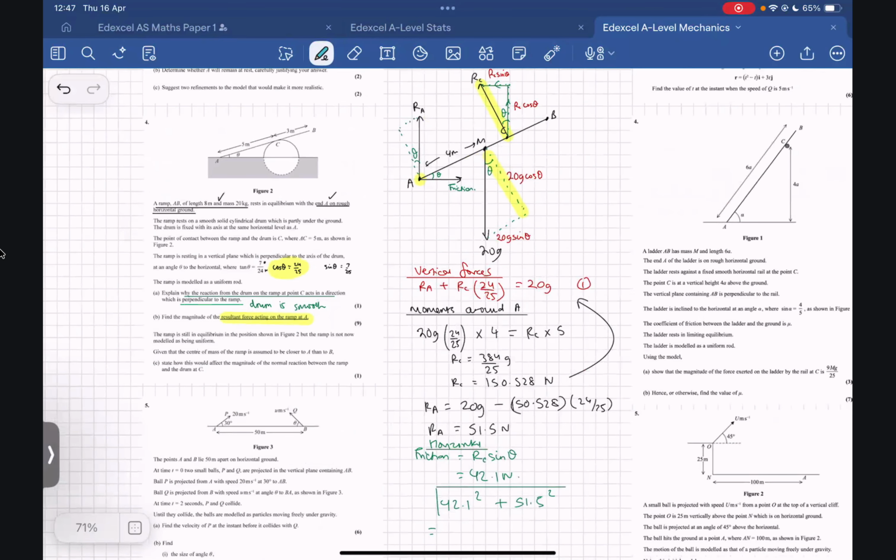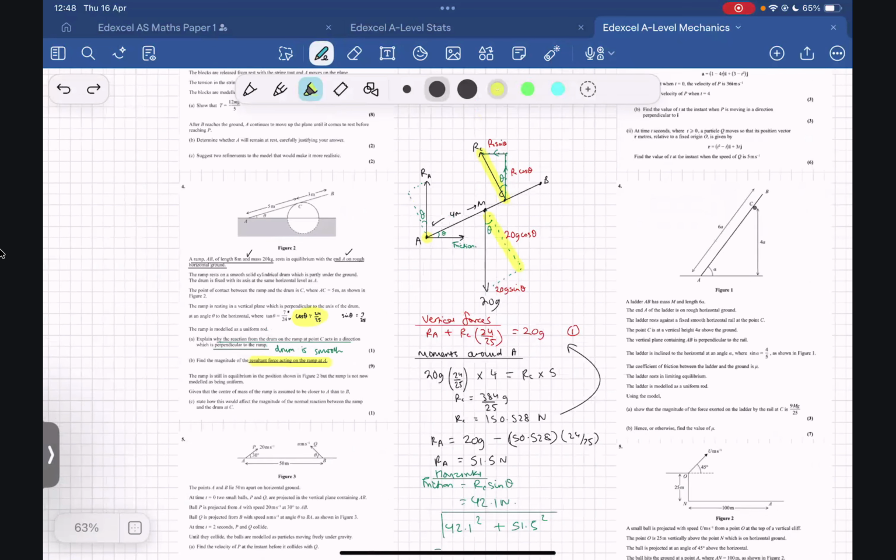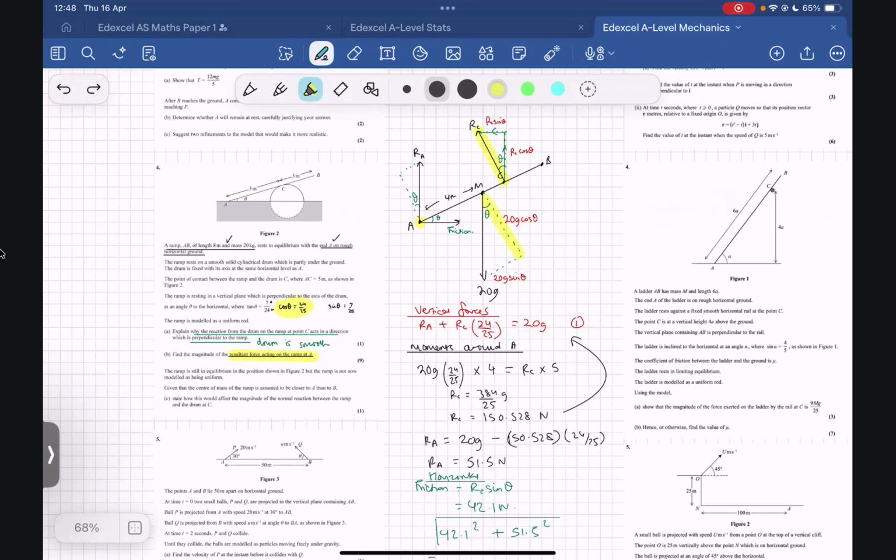So we worked out RA together, right? Oh, what? We worked out RA together, didn't we? Yes. So I just worked out friction. I did left equals right. Wait, right is F. And left is RC sine theta.